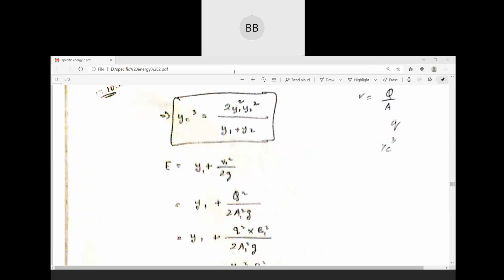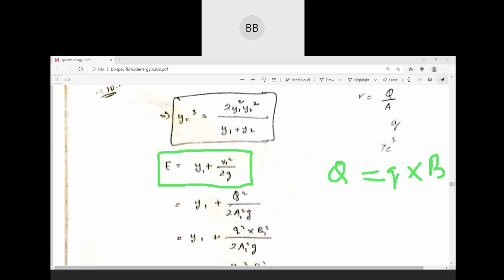The second part, then we have to find an expression for specific energy. So we are going to use the specific energy equation y1 plus V1 square by twice g. Then that velocity is again replaced by Q by A. Then the discharge is again replaced by small q multiplied by width of the channel.